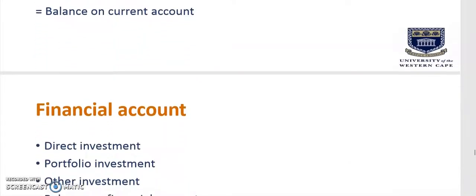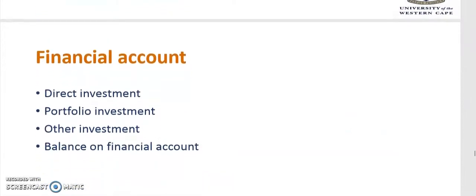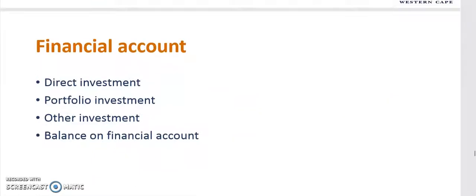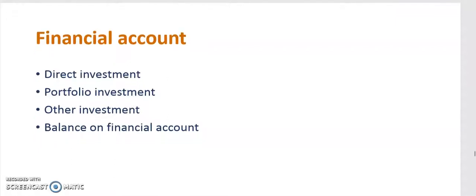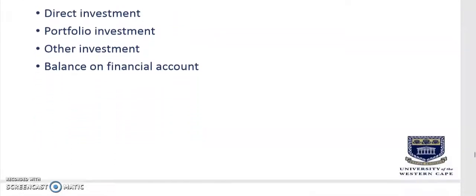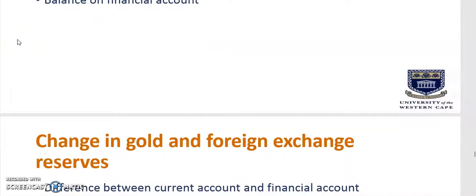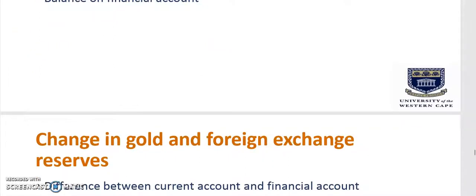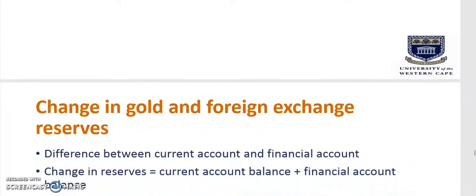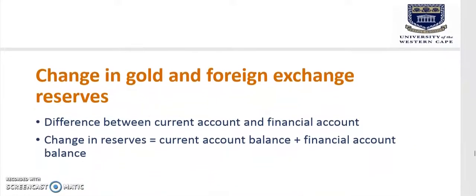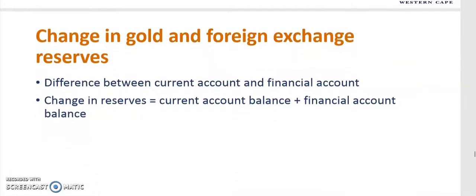This is an example of how your financial account looks. It includes direct investment, portfolio investment, and other investment, and then you get your balance on the financial account. Change in gold and foreign exchange reserves. There is a difference between the current account and the financial account.